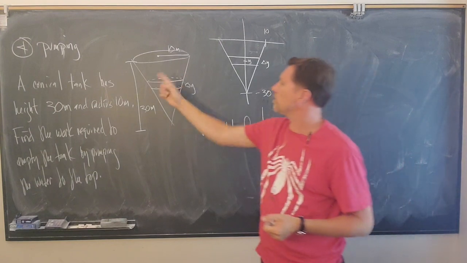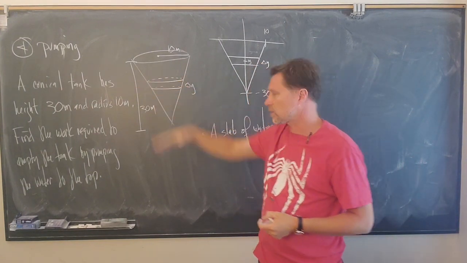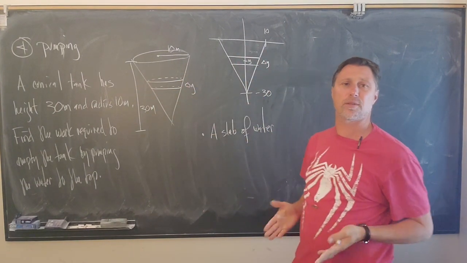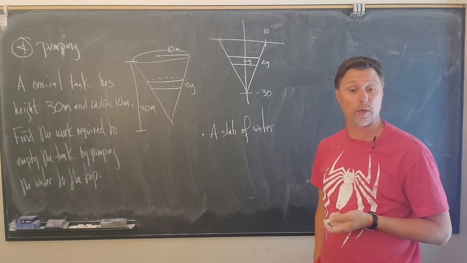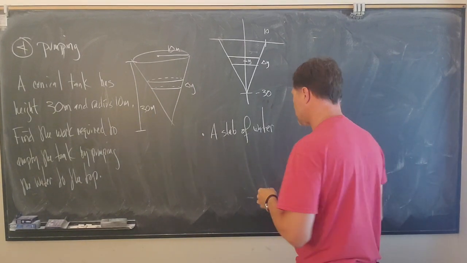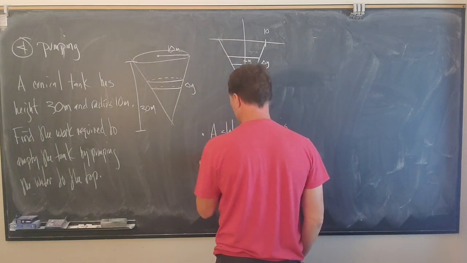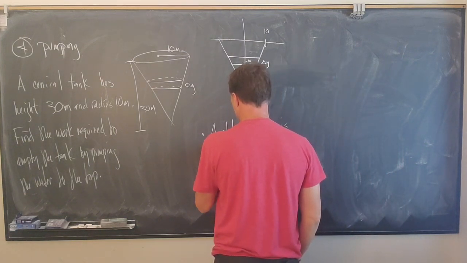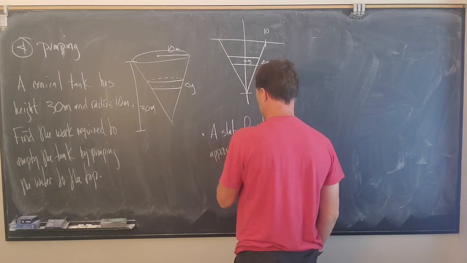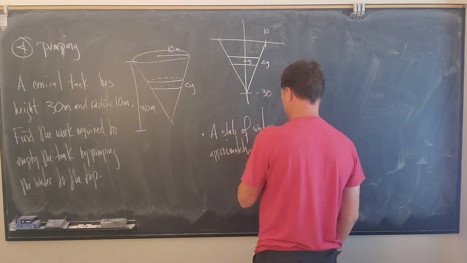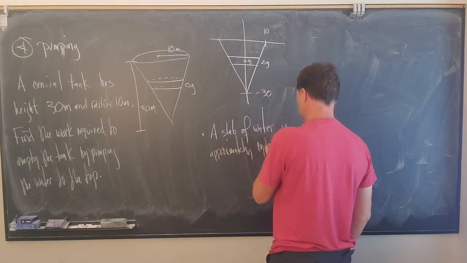I mean, it's circular as you slice horizontally, but then it's got these bent sides. So it's not a perfect cylinder, but it's approximately cylindrical. So a slab of water is approximately cylindrical.